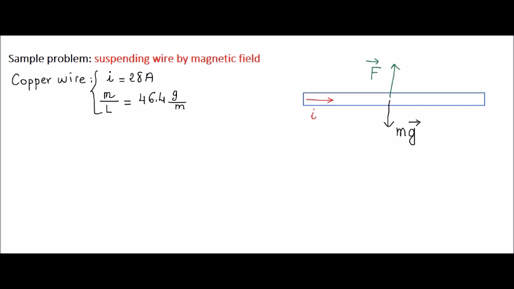Let me write the equation of the force. The force equals I L cross B, where L is the vector L. I want L cross B to equal F, and F is upward.